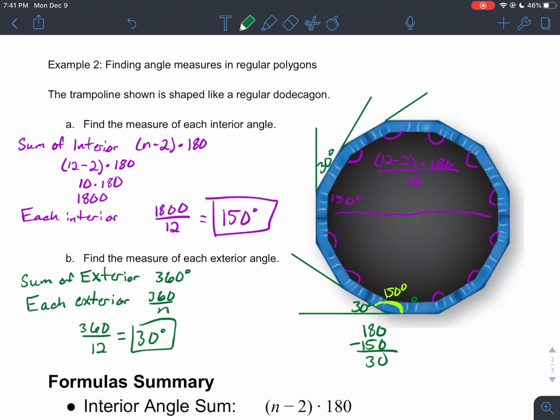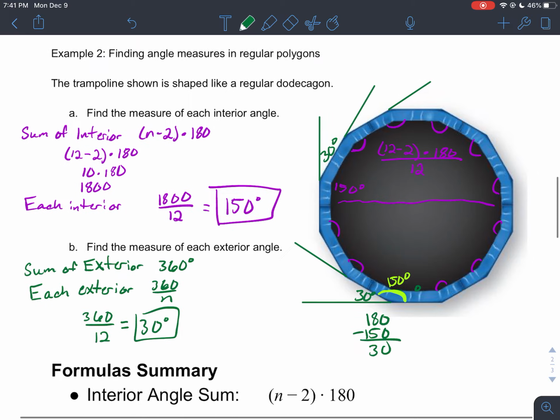So it makes sense that that's a 30-degree angle. So when it tells you to find the measure of each exterior angle, you've got two options: 360 divided by the number of sides, or 180 minus the interior angle, because it's a linear pair.